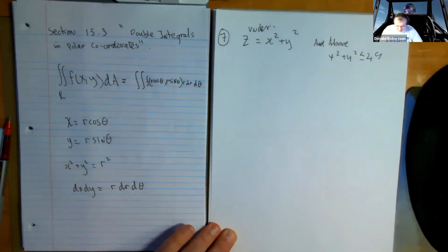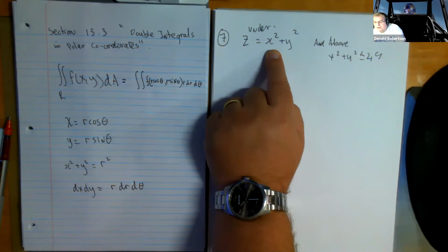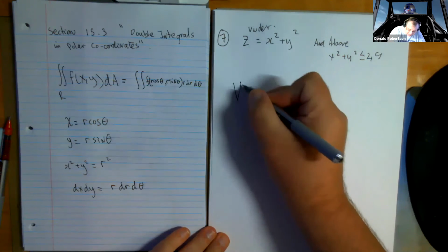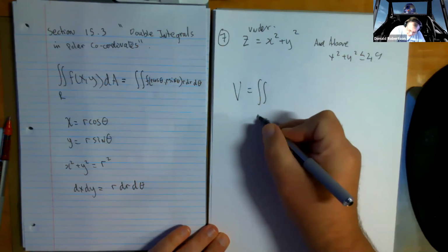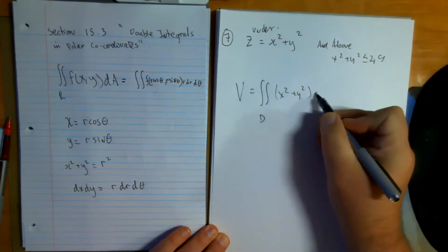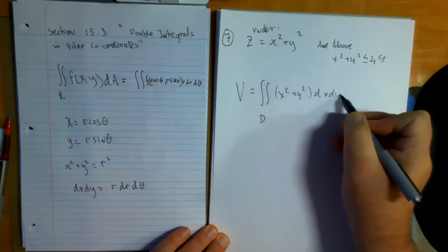But that's just vocabulary. That is basically your function of x, y, and this is your region D. So to get this volume, you're going to do the integral over region D of x squared plus y squared, the usual dx dy.